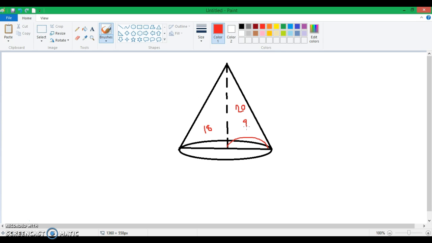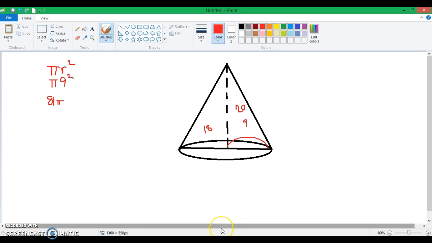Alright, so now that we know what the radius is, we can find the area of the base, and then from there we can find the volume of the cone. So we get out our formula, pi r squared. Replace the r with 9, so now we have pi times 9 squared. And 9 times 9 is 81, so that's 81 pi.